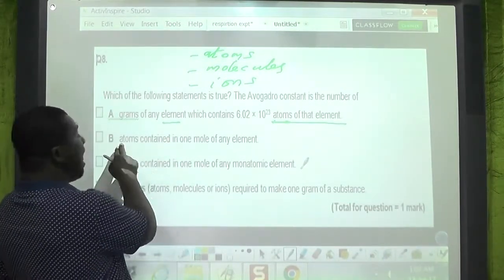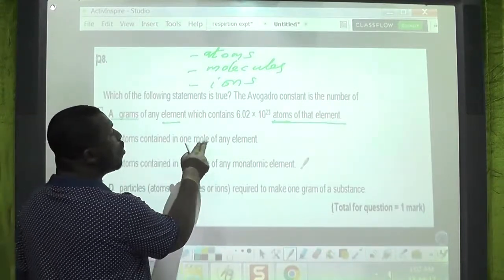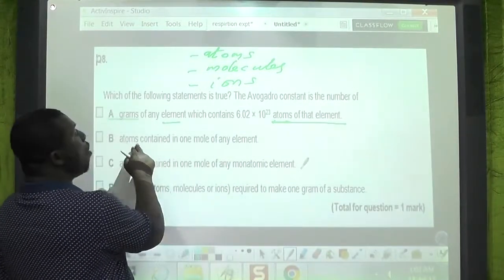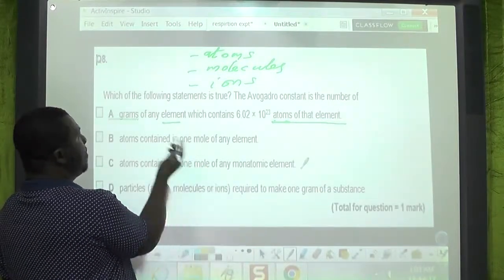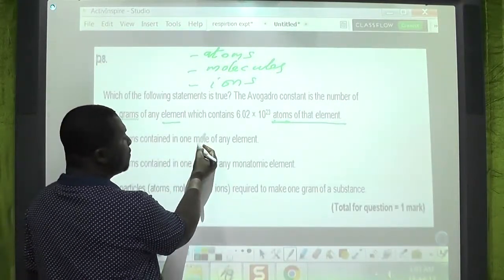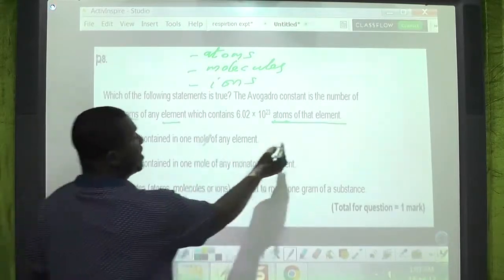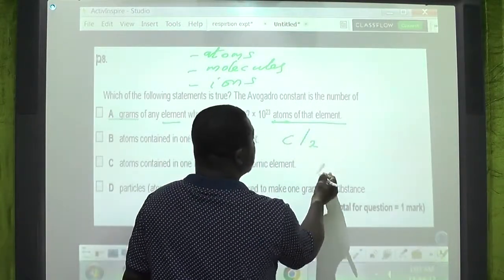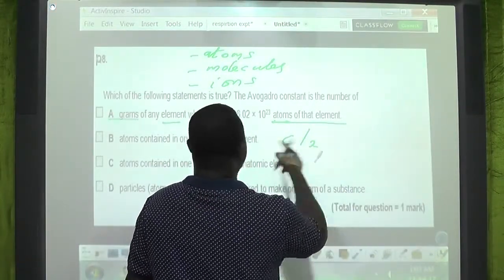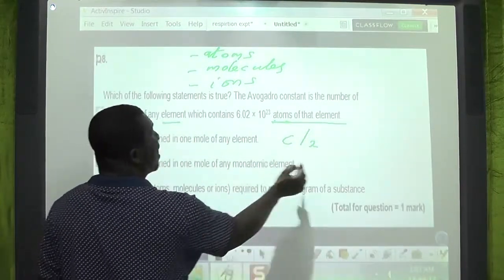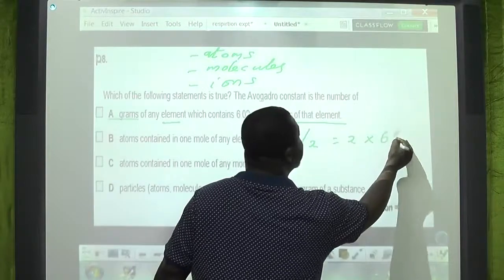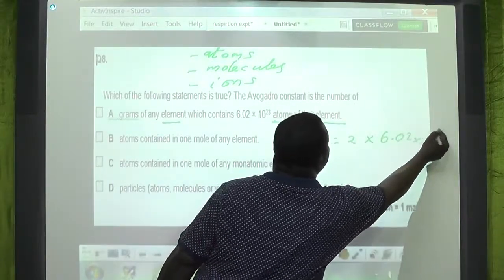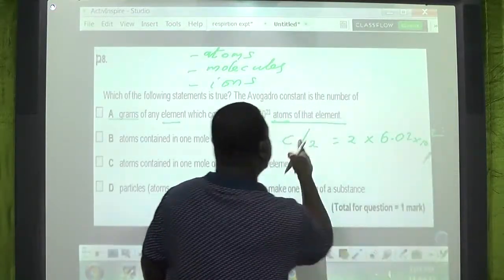Now, atoms contained in 1 mole of any element. They're saying the same thing here. It's wrong, because in 1 mole of chlorine, Cl2, how many atoms will there be? 2 atoms already. So it will be 2 multiplied by 6.02 times 10 to the power 23 of Cl.